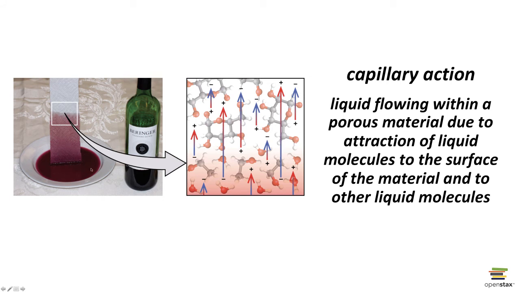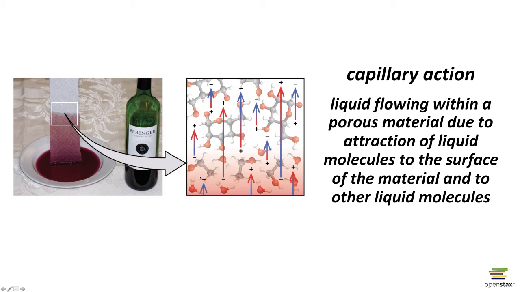This occurs because of the strong attractions of water and ethanol molecules in the wine to the OH groups in the towel's cellulose fibers, and also the strong attractions of the water molecules being attracted to the cellulose to other water and ethanol molecules. So this is why wine wicks up this paper towel.